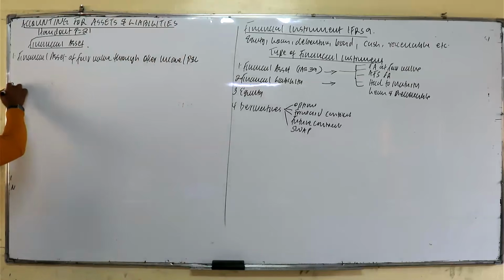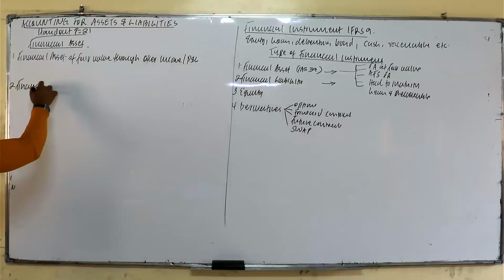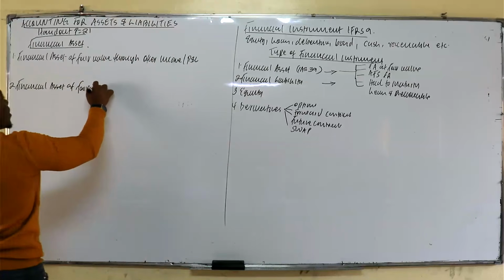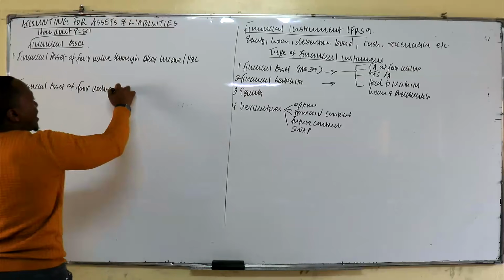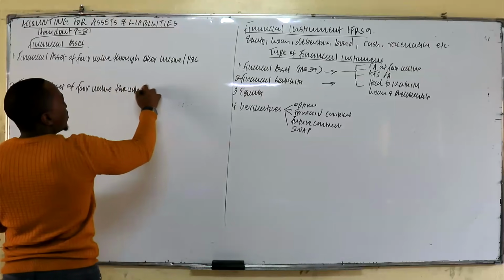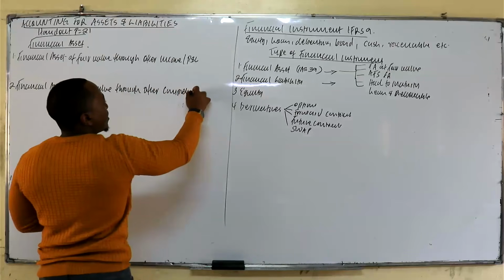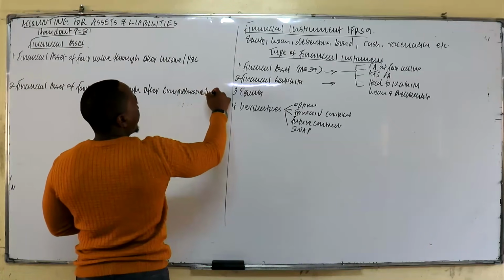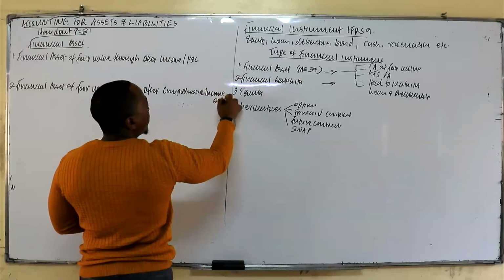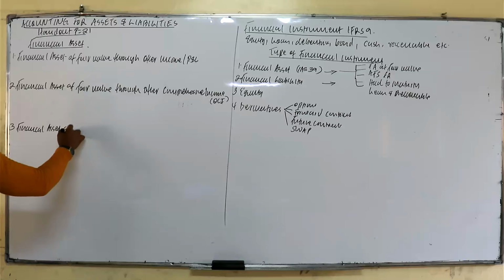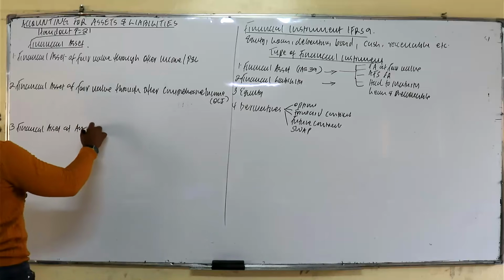Number 2, we have financial assets at fair value through OCI, through other comprehensive income. That's what we call the OCI. And number 3, we have financial assets at amortized cost.